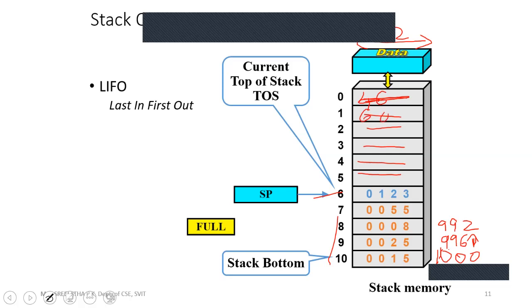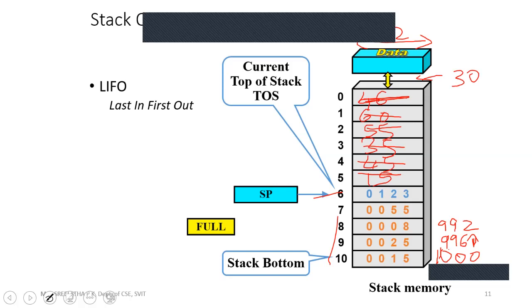I have added all the elements here, the data is added in these locations. Now the stack is full. I want to add 30, suppose. I cannot add as there is no space which is free. That means the stack is full.